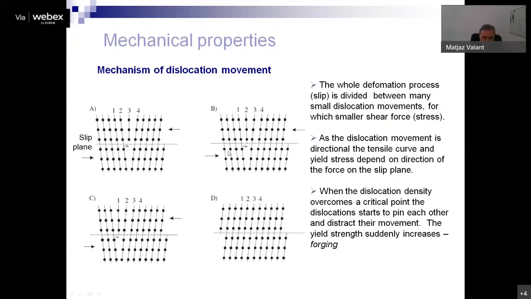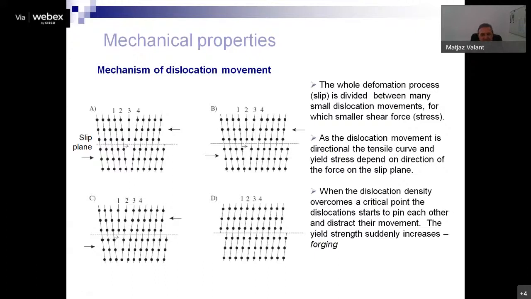And now here we have only 4 atoms bonded, and then the dislocation is coming. This then continues further on until the dislocation reaches the surface of the crystal. And because this slip is now divided into small steps facilitated by the dislocation, we need a much lower yield strength.